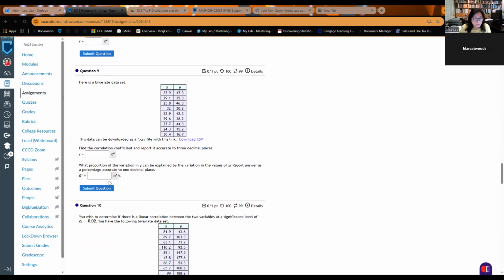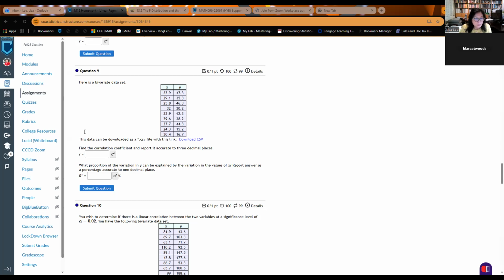It tries to determine how many percent of the variation in y can be explained by the variation in the value of x. When we change x, y changes, and it shows how good our regression line is, how much of the variation can be covered.